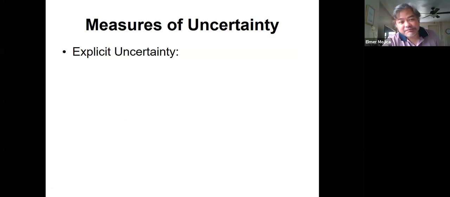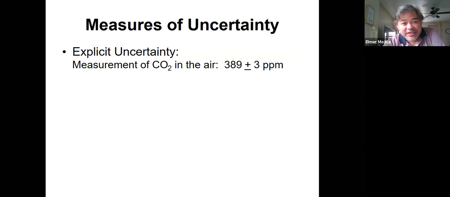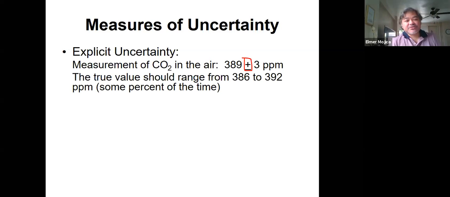So we could say explicitly, okay? So in this way, you're going to put the, what do you call this? Standard deviation. So measurement of carbon dioxide in the air gives you 389 plus or minus 3 ppm. So here, the uncertainty is described explicitly. So that means the true value should range from 386 to 392 ppm, some percent of the time.